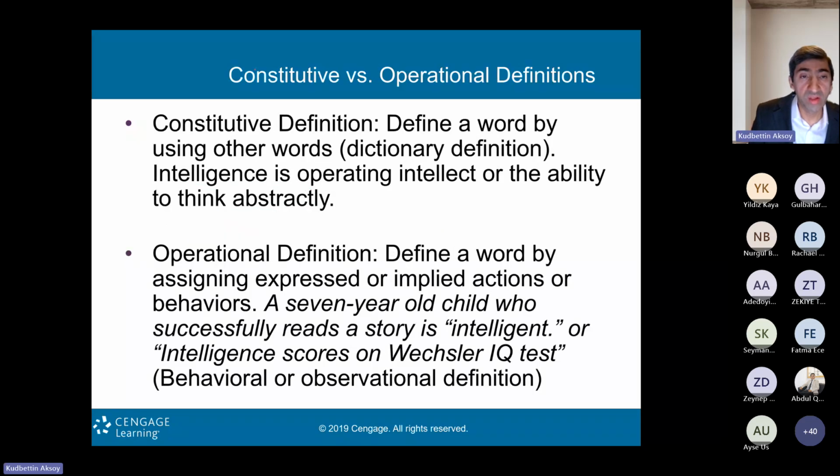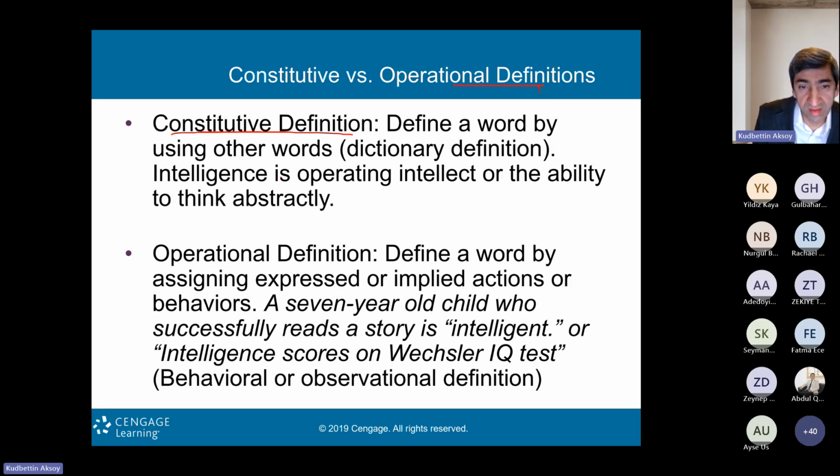So when it comes to constructs, we have a variable in our study, and now we have to measure it. There are two definitions that we are interested in. One of them is called constitutive definition, where we define a word by using other words, pretty much a dictionary. Very useful. That's how we expand our knowledge.